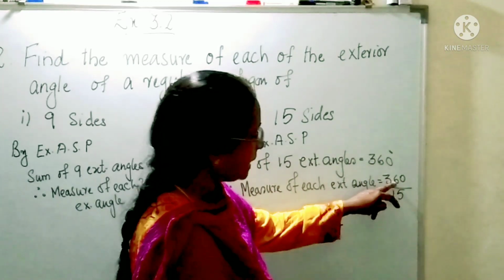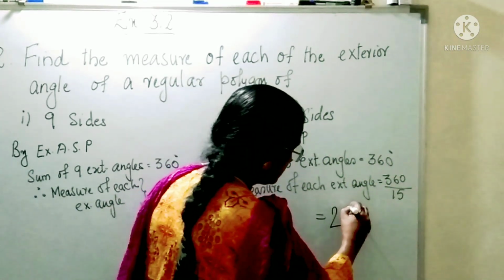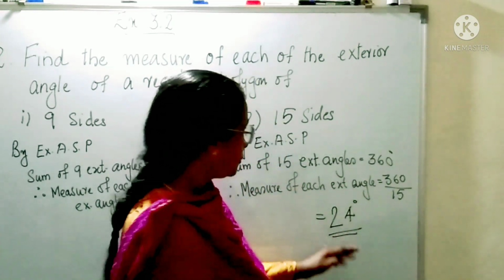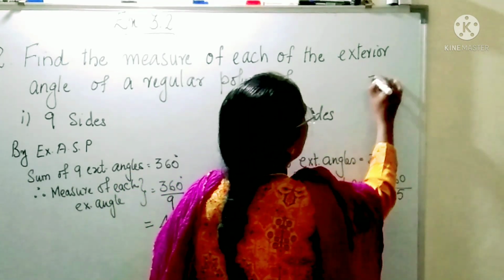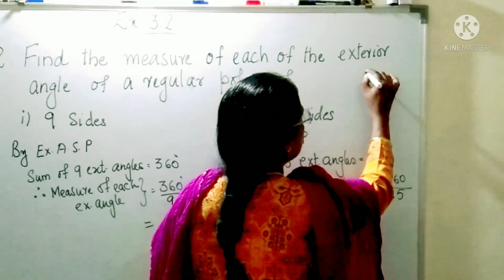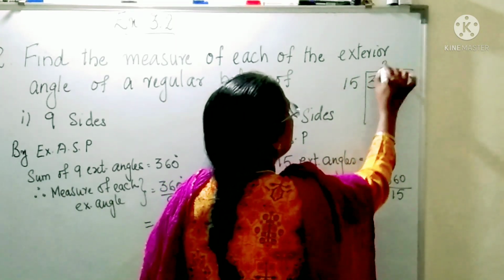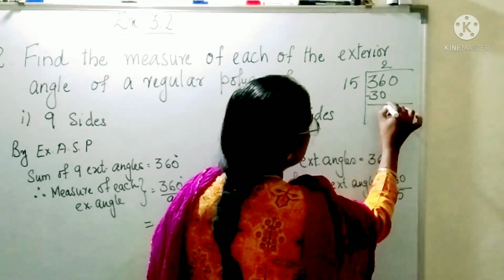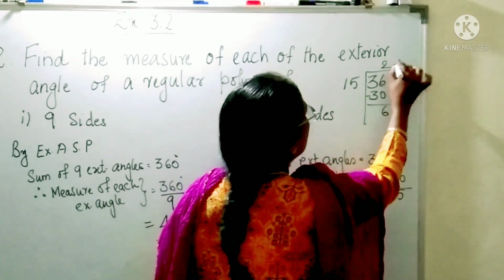Now what is left? 60. 15 fours are 60. So each angle will be 24 degrees. If you don't know how to divide directly, you can divide 360 by 15 here: 15 twos are 30, subtract, bring this down, 60. 15 fours are 60.